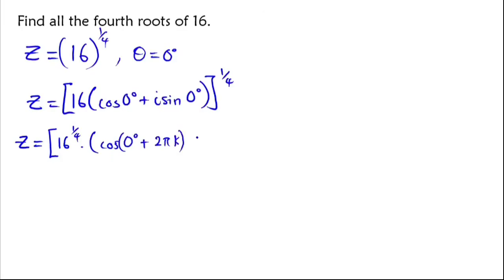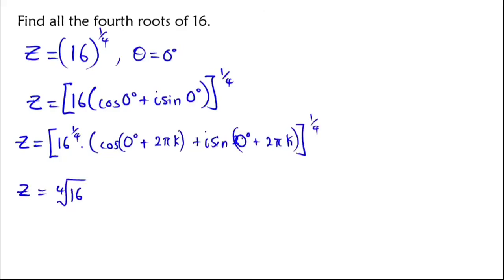So 2 pi k plus i sine, or rather 0 degrees plus 2 pi k, a complete revolution. And this is raised to the power 1 over 4. So z equals the fourth root of 16.